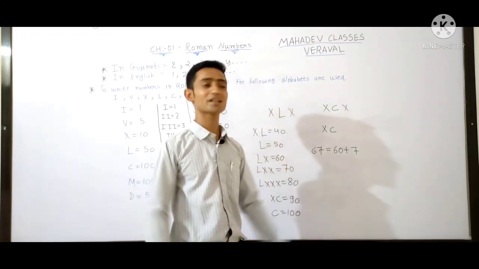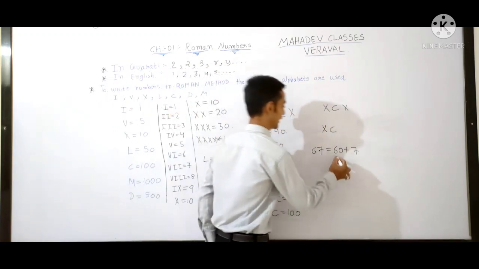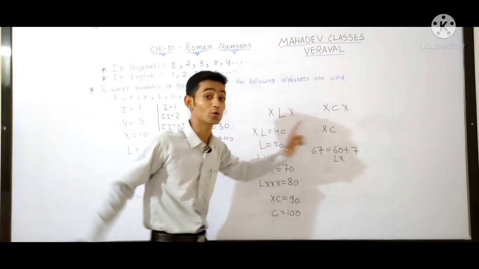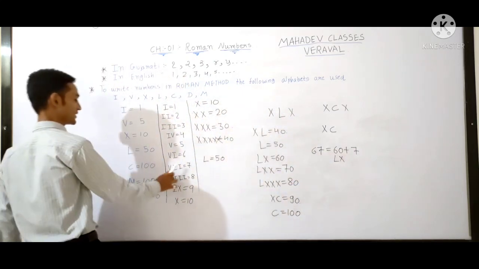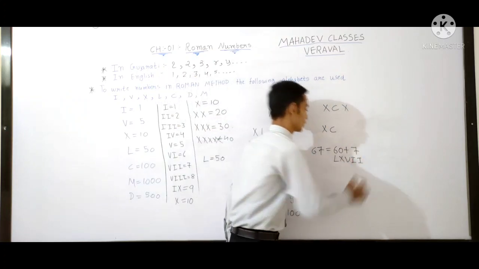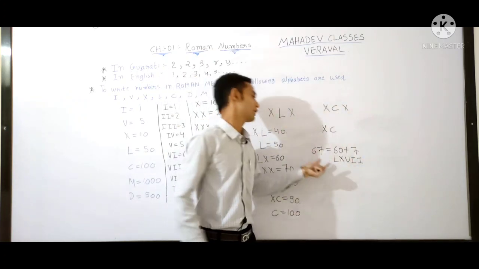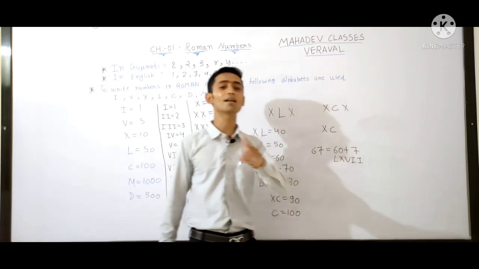You know the Roman number of 60, which is LX. And you also know the Roman number of 7, which is VII. So hence you can see that the Roman number of 67 is LXVII.